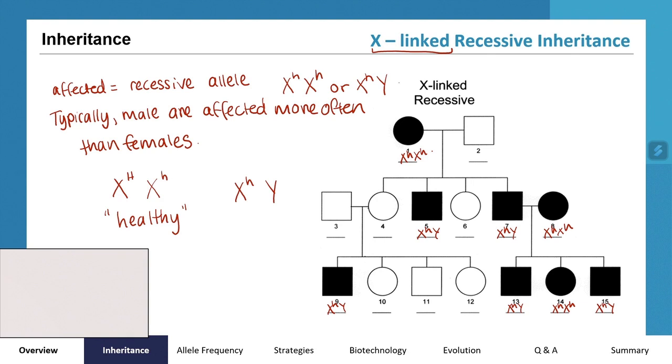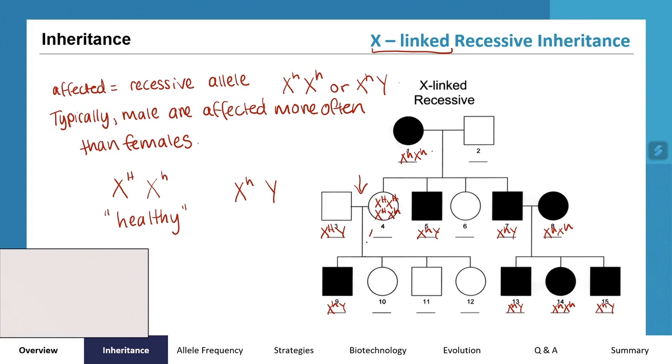As an example, I'm just going to use this family right here. Two unaffected individuals. So the male has to be X capital H, Y. They don't have the recessive diseased gene. The female could be X capital H, X capital H, or X capital H, X little h, and be a carrier for the condition.